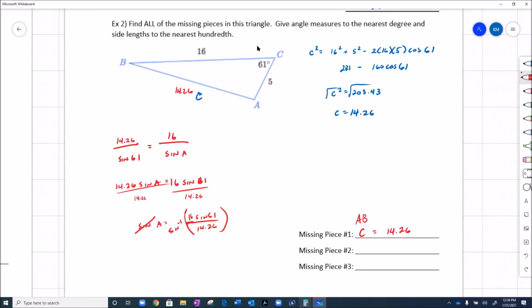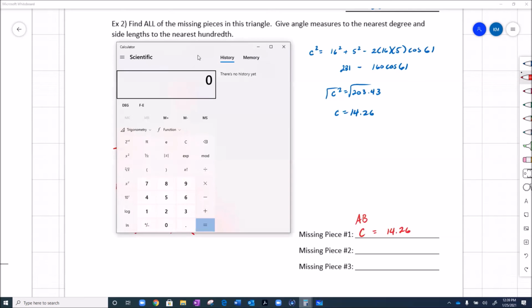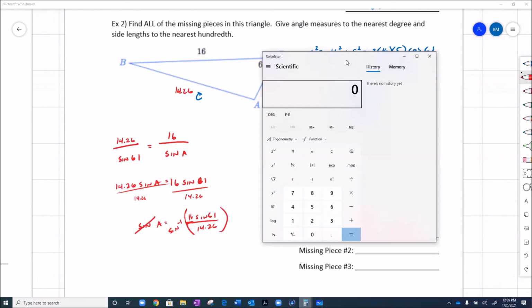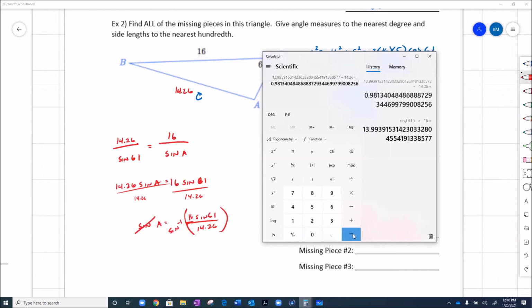All right. So in my calculator, I'll do that stuff. Move this over so I can make sure I'm typing my numbers in right. 61 sine, okay, times 16. Great. Divided by 14.26 equals, okay, so 0.983.